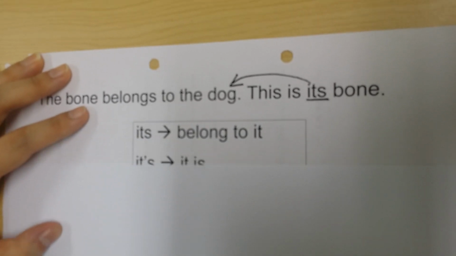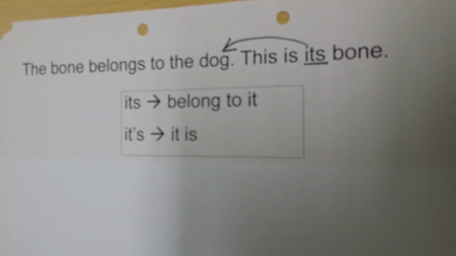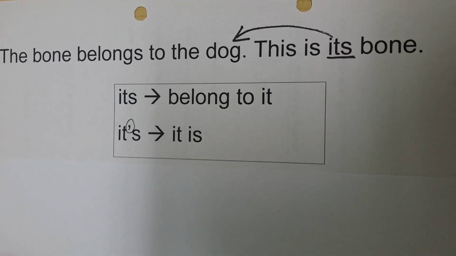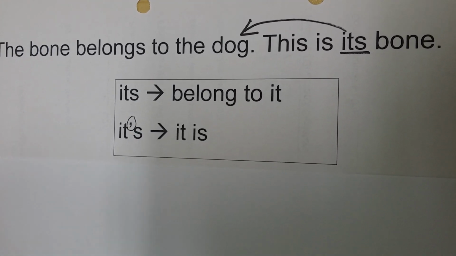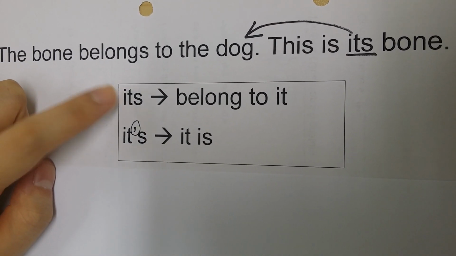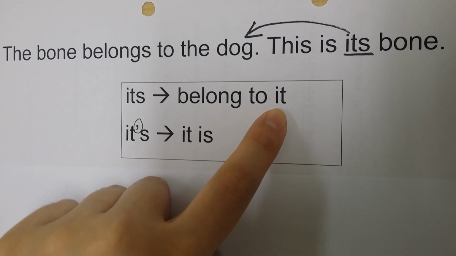There might be something that you might want to know if you are interested. There are two kinds of its. Please, can you see that there is an apostrophe over here? This apostrophe makes a big difference. When there is no apostrophe, we are talking about the pronoun that it belongs to, it.